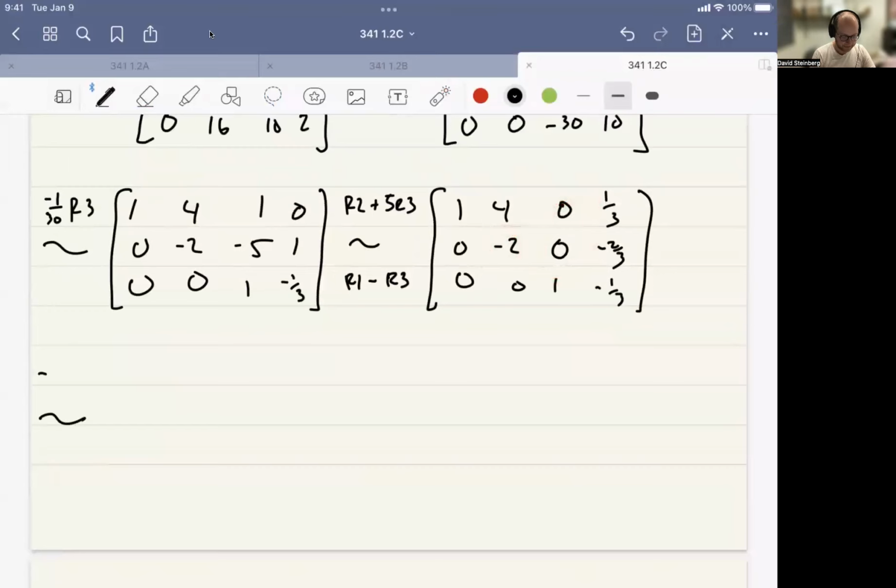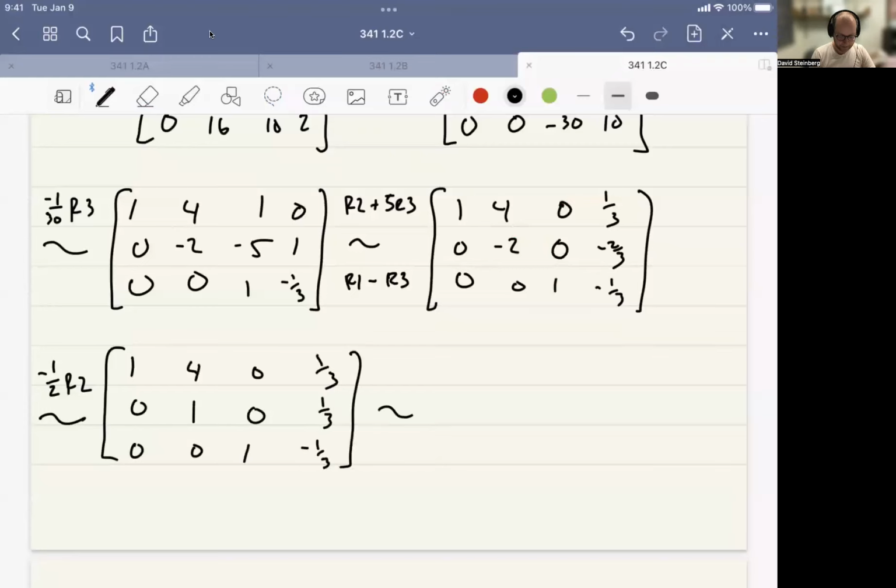Scale this next leading term. So we want -1/2 row 2. And we're going to get what? 0, 1, 0, and if we divide it by -2, we should be getting 1/3 again, right? Nice. 0, 0, 1, -1/3.